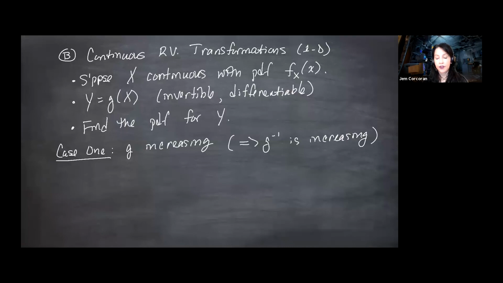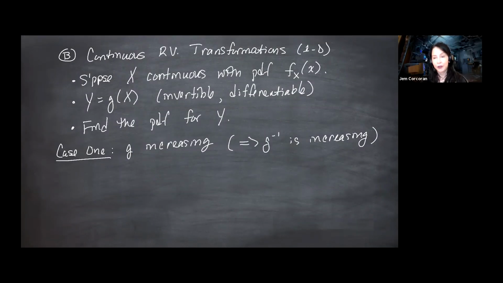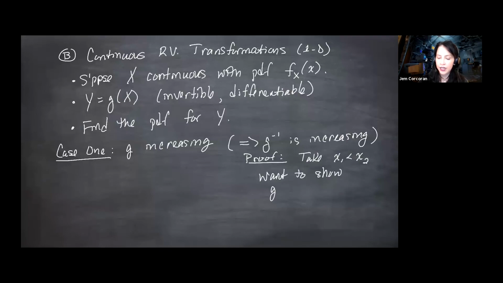I guess in 5520, I would show that. Should we show it? Okay, here's how you show it. So I won't take you through all the steps, but to prove this, I'm going to take an x1 less than x2, and I want to show that g inverse of x1 is less than g inverse of x2.